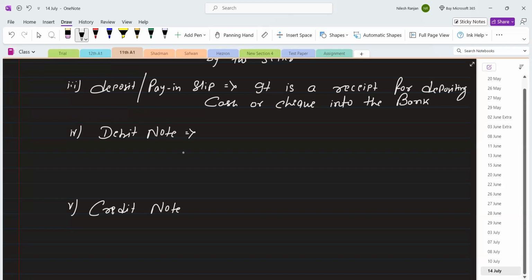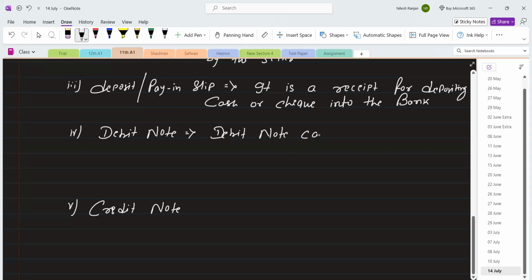Not exactly, sir. Okay, so debit note can be issued by seller or buyer. Both can issue debit note.